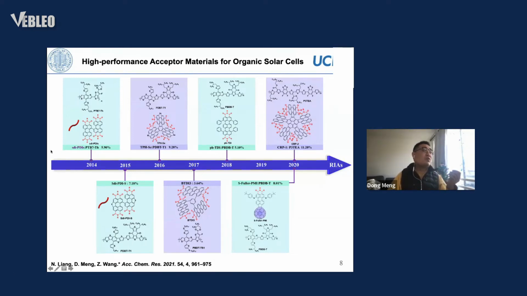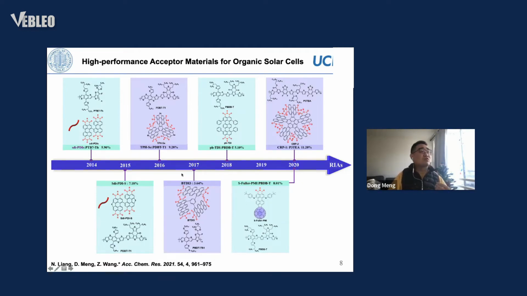Then we also used heteroatom strategies to get better twisted structures, morphologies and mobilities, because sulfur can add more interactions between molecules. We achieved about 7% in 2015, the highest PCE at that time.